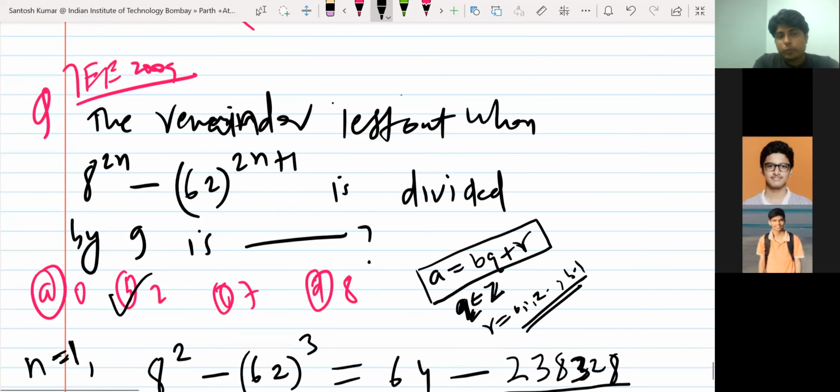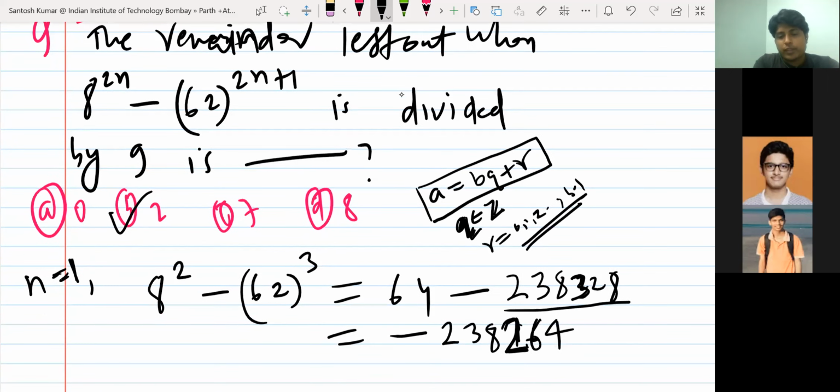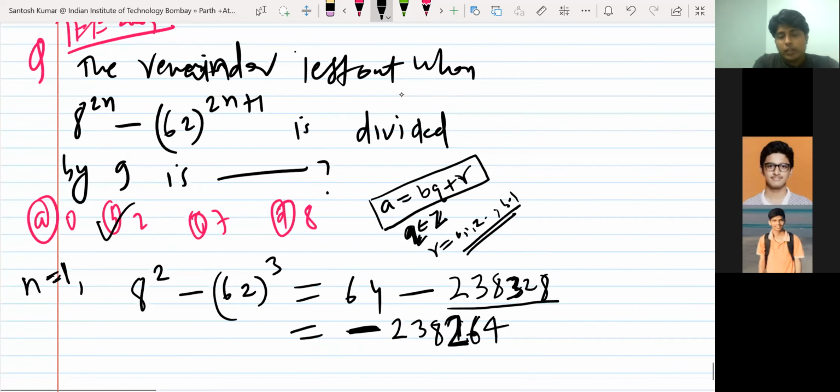Now we have to decide what the remainder is when you divide this. You see, this is a negative number. So you just try to find the nearest multiple of 9 to this.